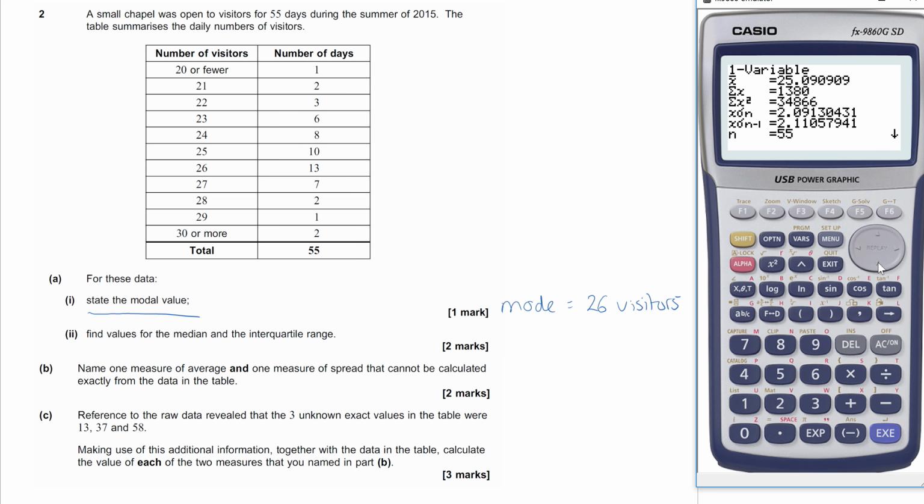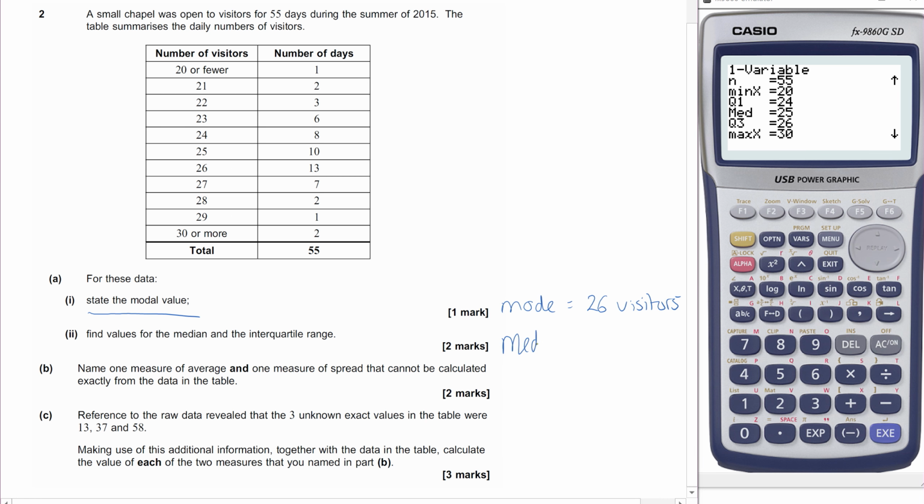Now I'm looking for the interquartile range and median, so we scroll down to this section here, and the smallest value is 20 and the biggest value is 30, not strictly true, but the rest of it is. So the median value is equal to 25.